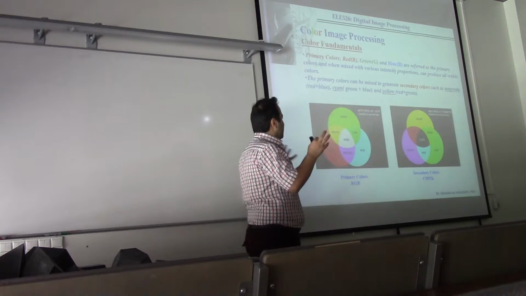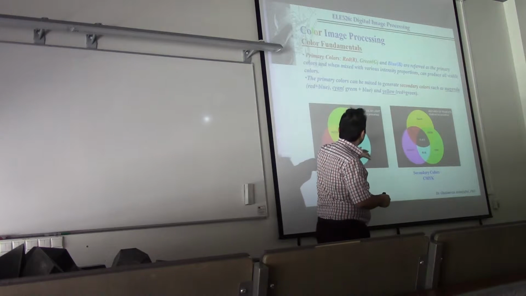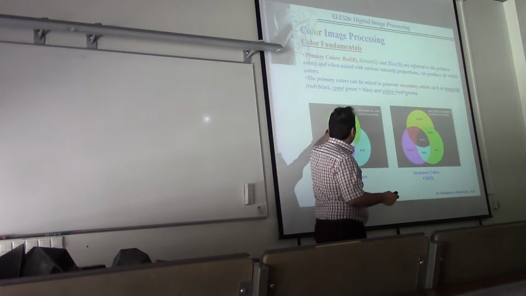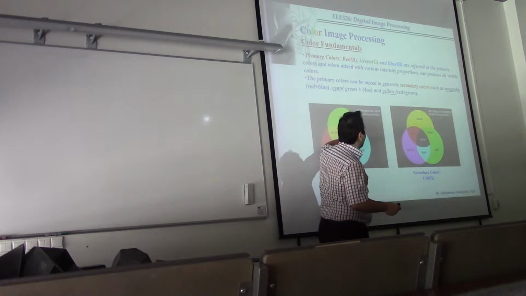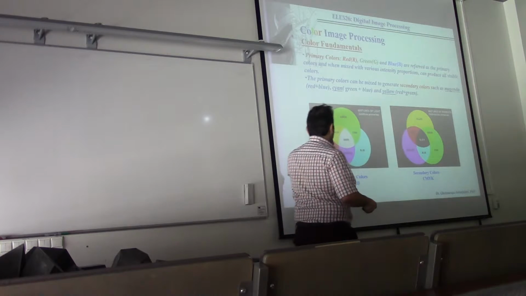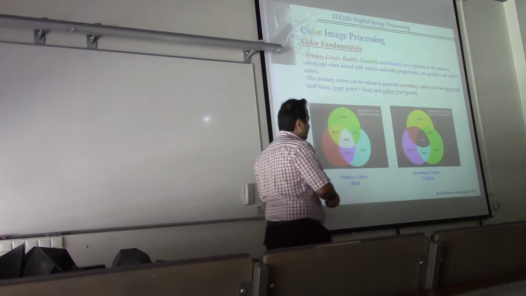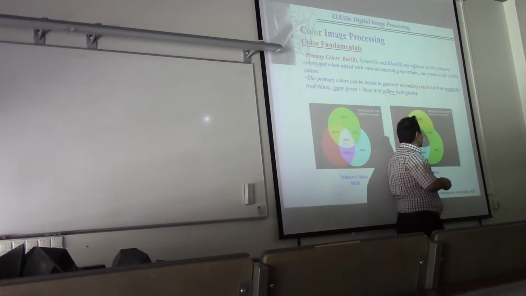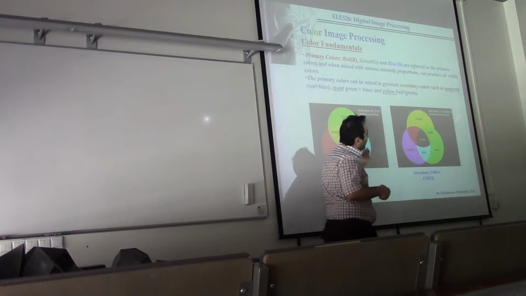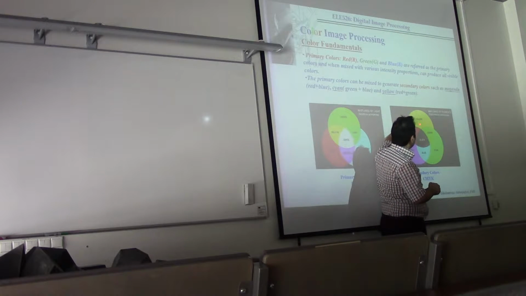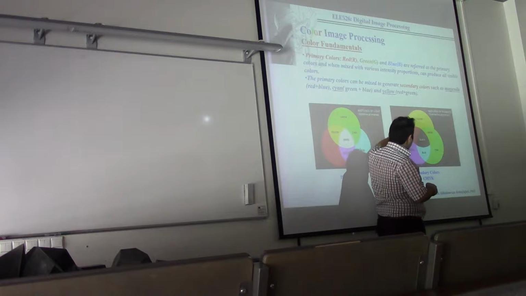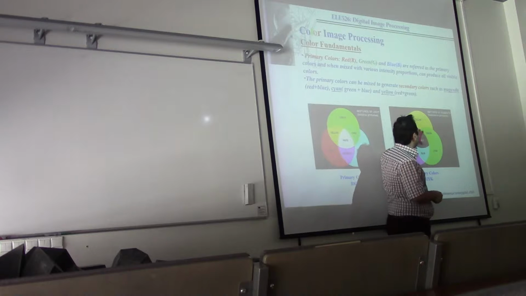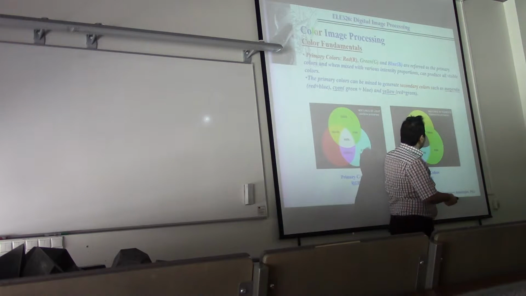Also, if we mix all three primary colors, green, red, and blue, we find the white color that we can see here. We call these secondary colors. When we mix yellow and magenta, we can generate the red color.